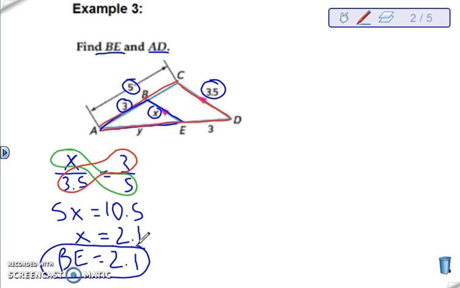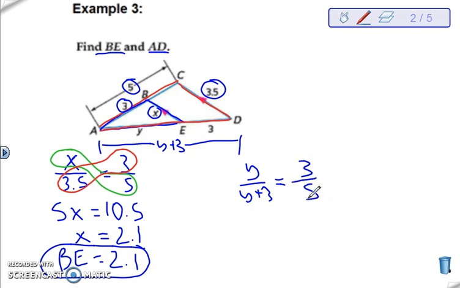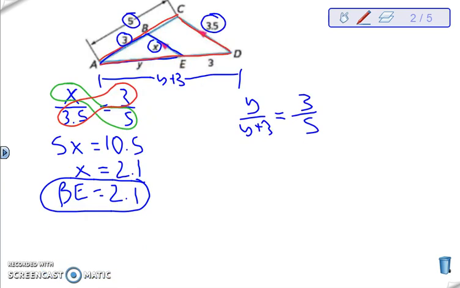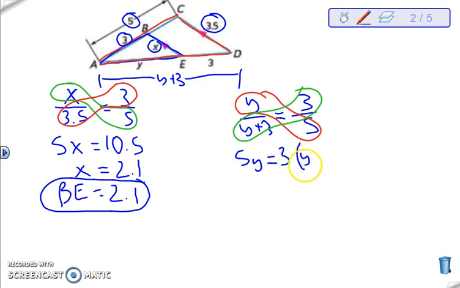All right, so let's go ahead and solve for y. Remember that we want to use the entire side length of the bigger triangle, not just the two pieces. So we're going to say that y over y plus 3 is equal to 3 over 5. And then once again we will cross multiply. So 5y equals 3 times y plus 3.